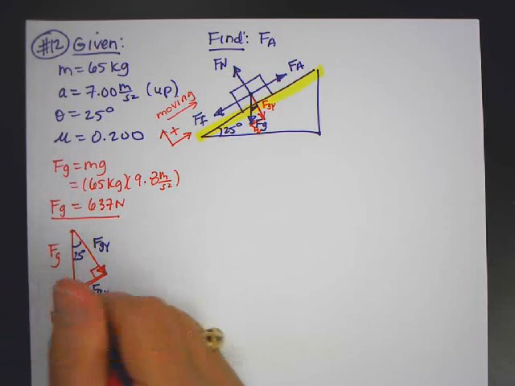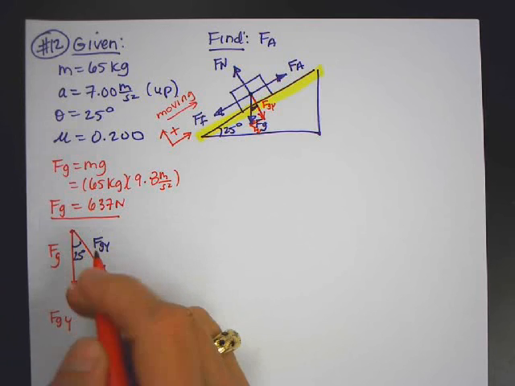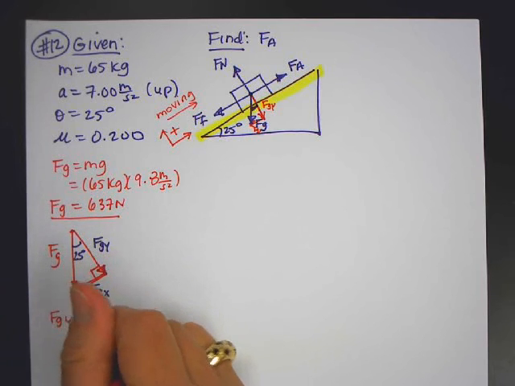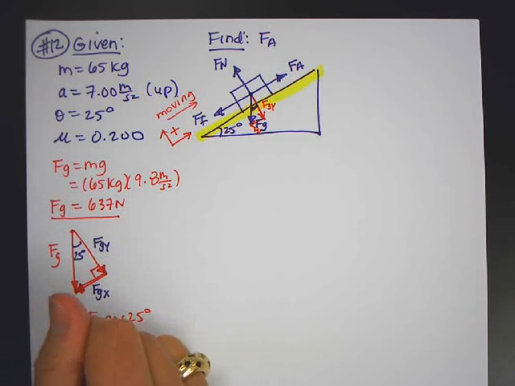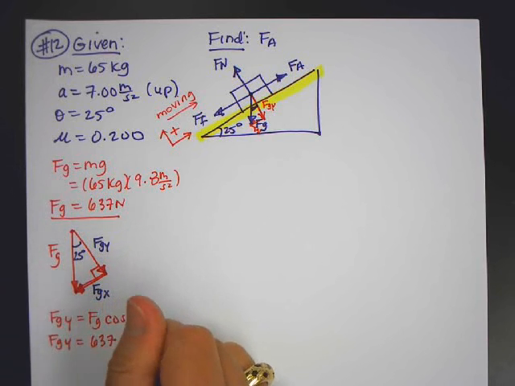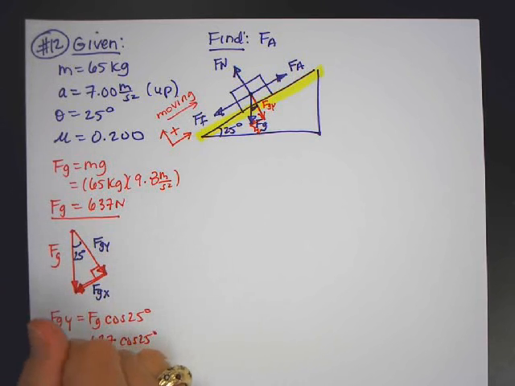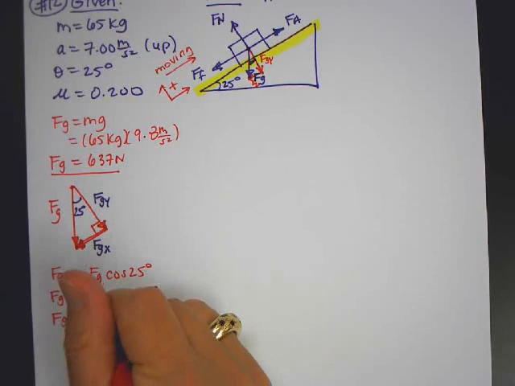So FGY, this is adjacent to the angle. So it's going to be FG, adjacent's going to be cosine. So FGY is equal to F of G, 637, times the cosine of 25. So FGY is equal to 577.